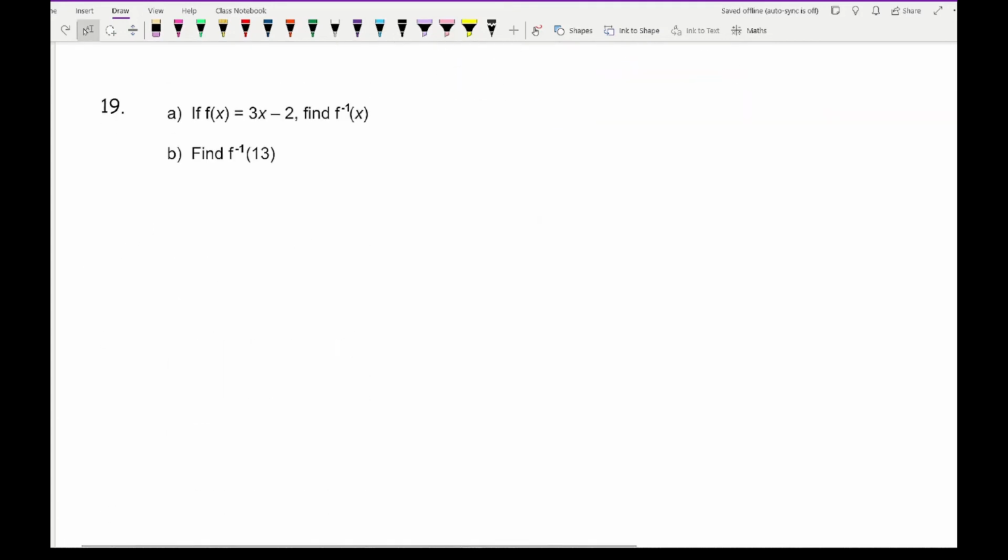Then moving on to question 19, which is looking at functions. It says if f of x equals 3x minus 2, find the inverse function. Again, the steps are you make the function equal to y, and then you want to make x the subject. So I've got y plus 2 equals 3x, and then (y plus 2) all divided by 3 equals x.